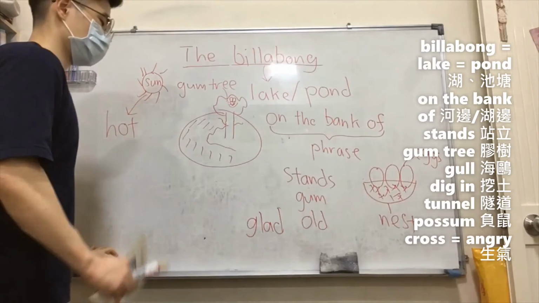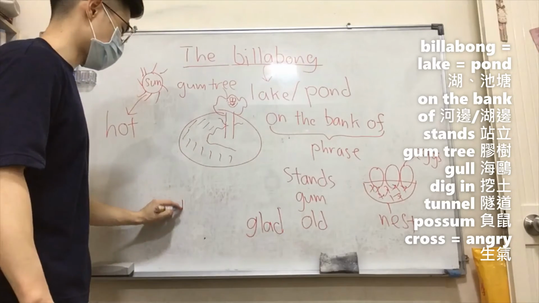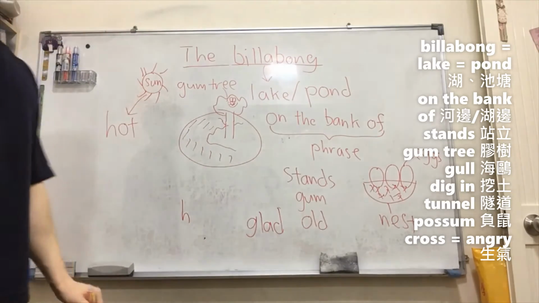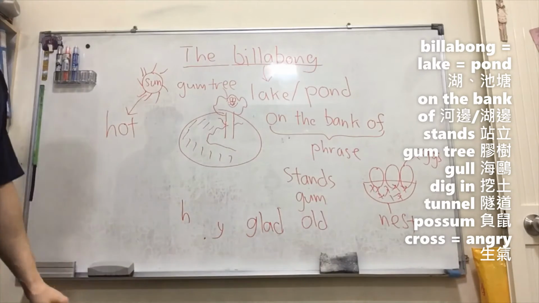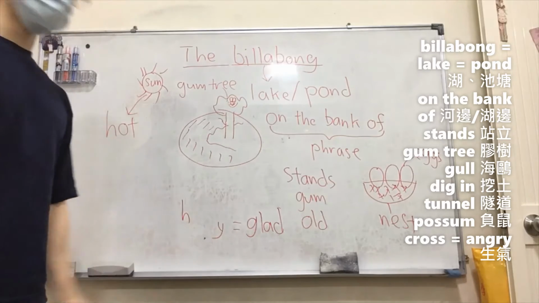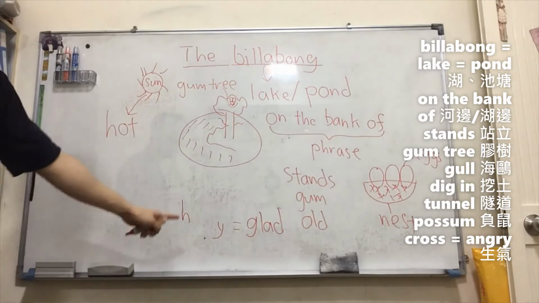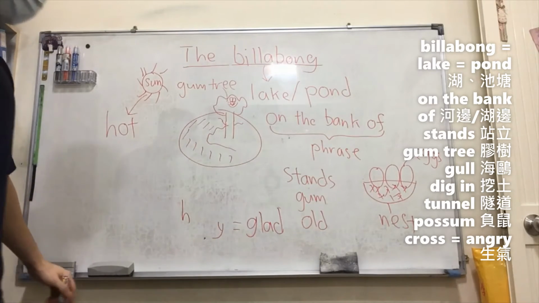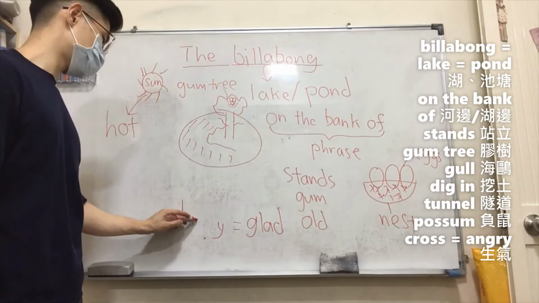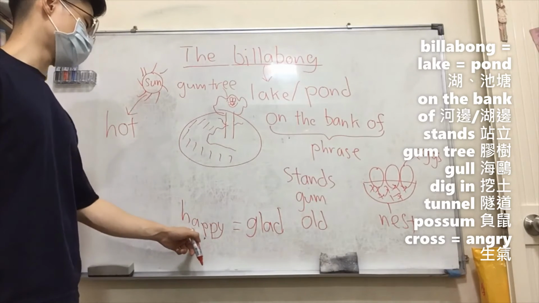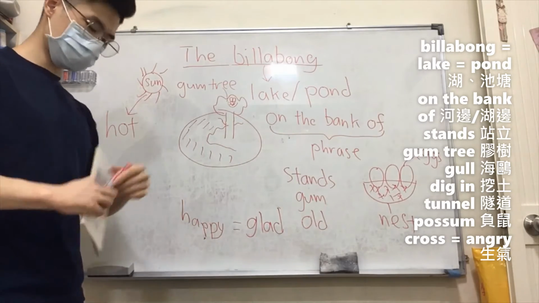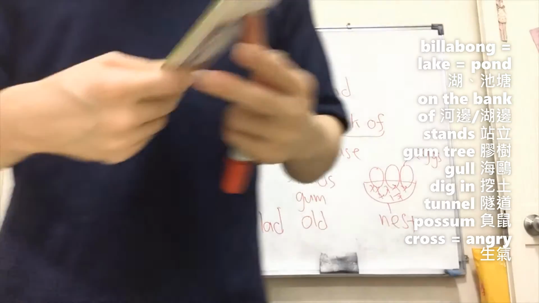It starts with H and ends with Y. Okay? 3 seconds to think about it. What is the word? Okay, the word is happy, right? Happy. So when you are happy, you are glad. Okay?